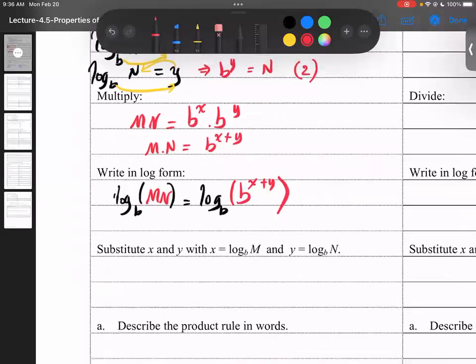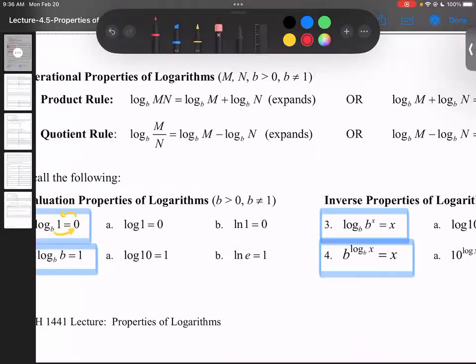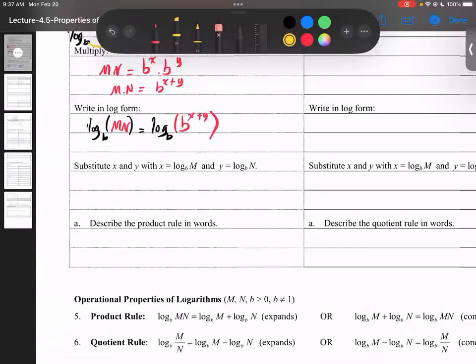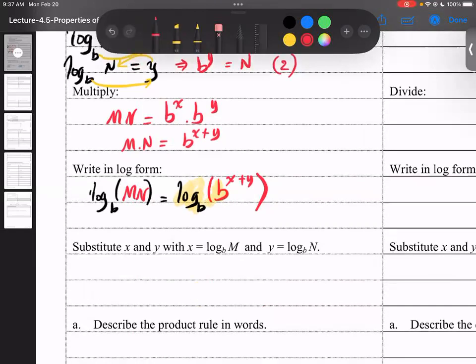If you look at rule number 3, I just boxed it earlier. If I have log base b of b to the x, I can cancel this and this, due to the inverse property. Same thing here. I have log base b and b for the exponential function. They cancel, so x plus y drops down. And on the left-hand side, we write log base b of m times n. So that's why we take log base b, so they can cancel.